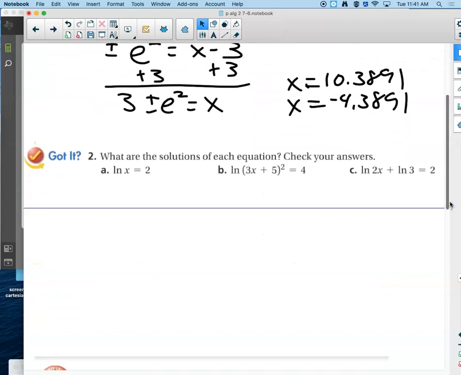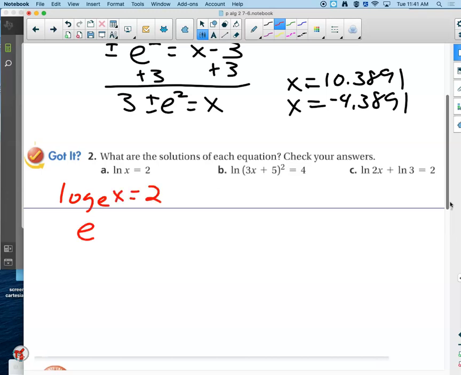All right, and here comes the simpler one right here. Natural log of x equals 2. How should I write that? Base e, snail shell it. Cool.